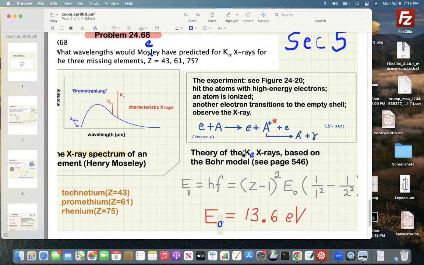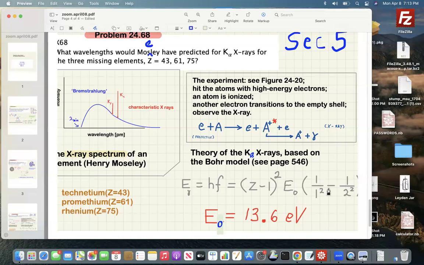This is assuming that the electron that was knocked out of the atom came out of the ground state, and so n equals 1 is empty. The most likely thing to happen is that an electron in the n equals 2 energy level will drop down into that empty n equals 1 orbital.